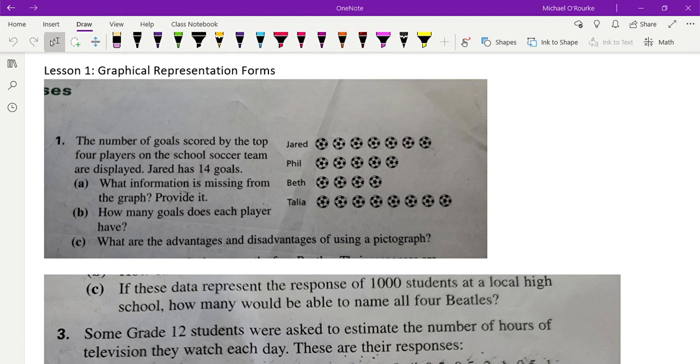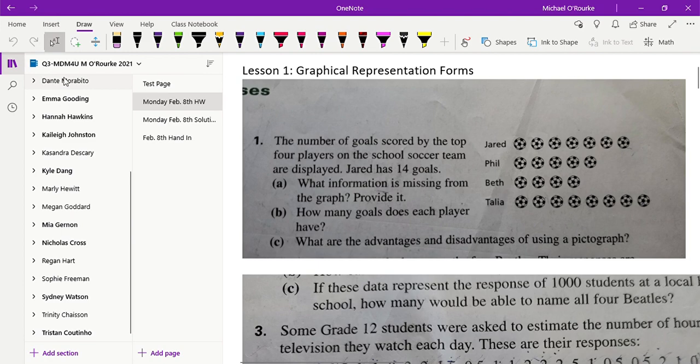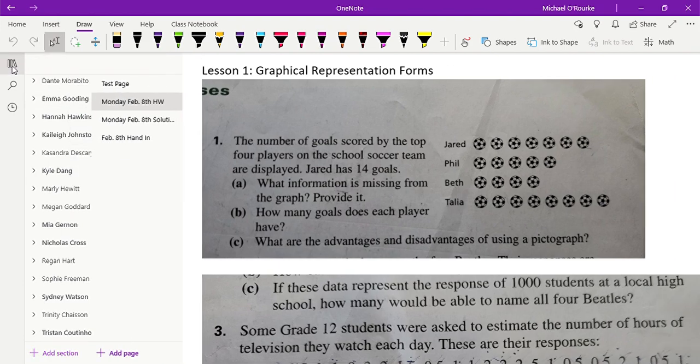Okay, try now. Sophie, I'll figure you out. You're the only big mystery. Are we putting our homework, like taking a picture today?